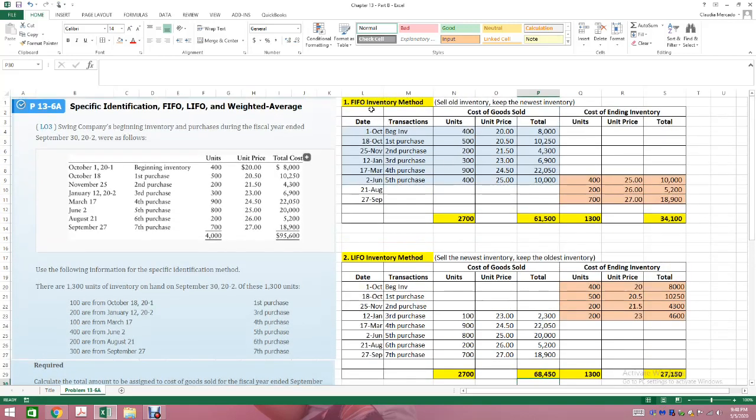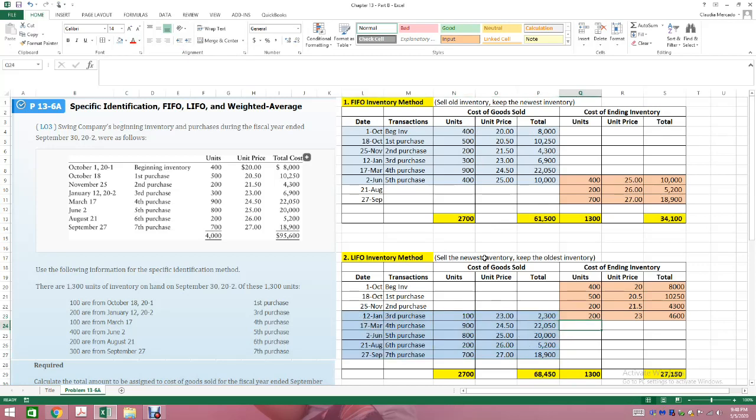Versus if you look at the Fifo method, those same 2,700 units were valued at $61,500. Why? Well, under Fifo, remember, you sold the old inventory, you keep the new. So here, under the Fifo, you sold the oldest items. Under Lifo, look at this. You sold the newest inventory. The ones that you purchased last are the ones that you sold first.